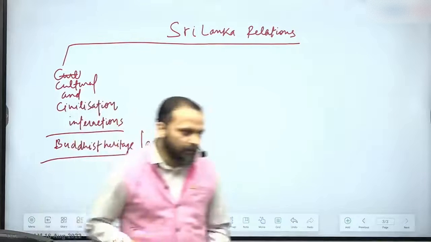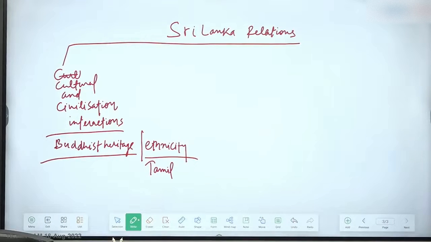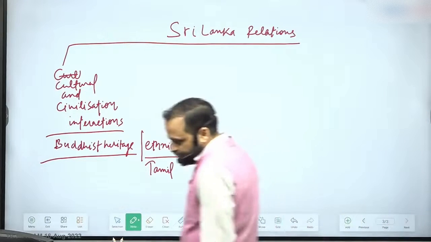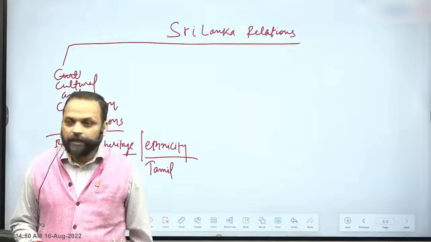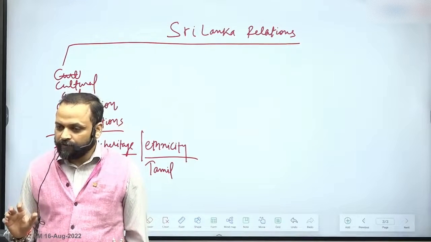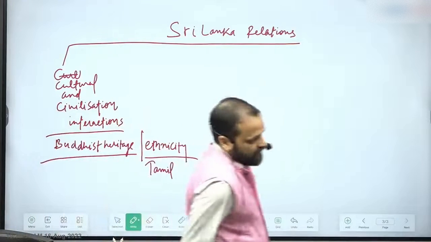So the Tamil community is an important part of the diversity of India, the great state of Tamil Nadu. And then the Tamil community also is an important part of Sri Lanka, right? So we have a shared ethnicity.